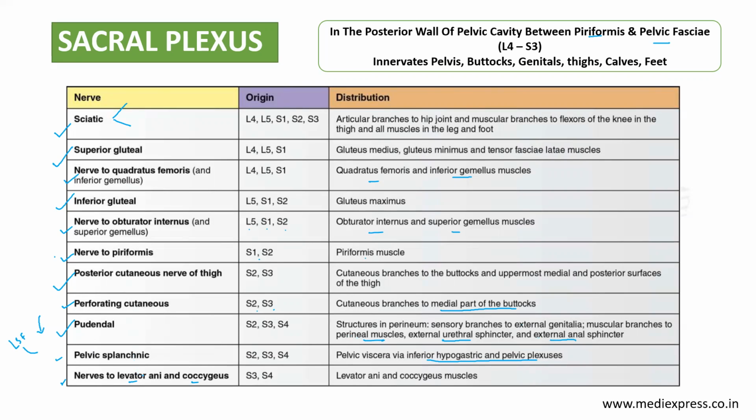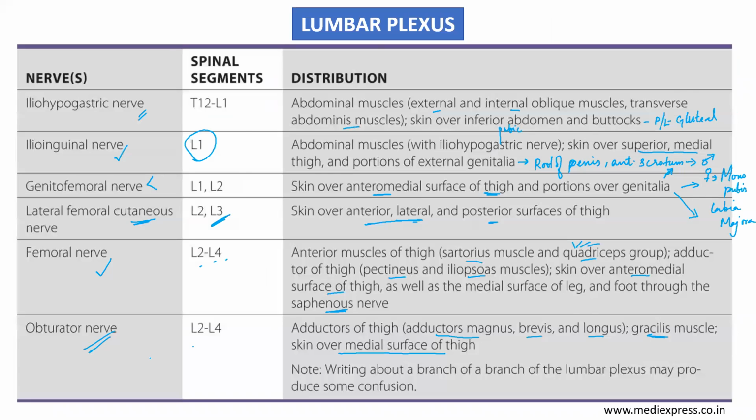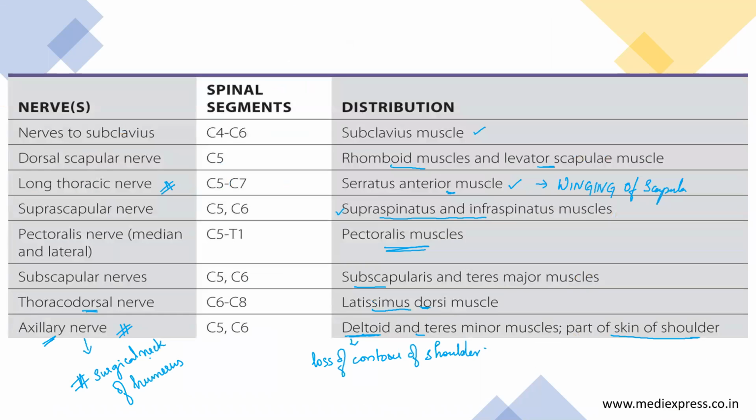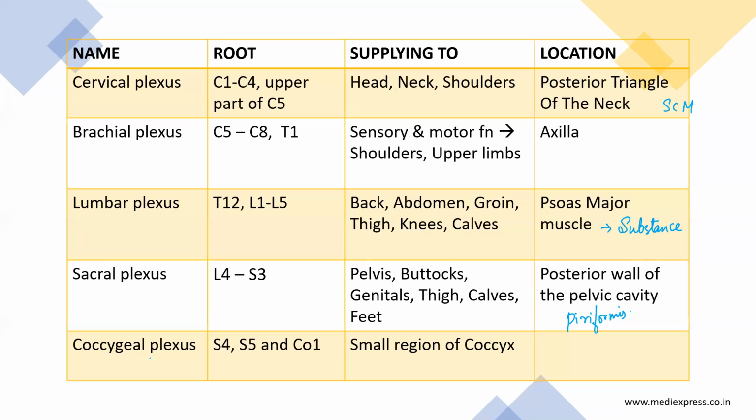Then the nerve to levator ani and the coccygeus muscle. This was about the spinal nerve plexus of the human body. We dealt with the cervical plexus, brachial plexus, lumbar plexus, and sacral plexus.